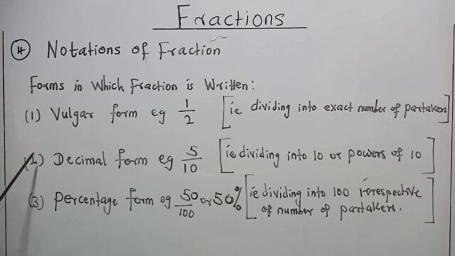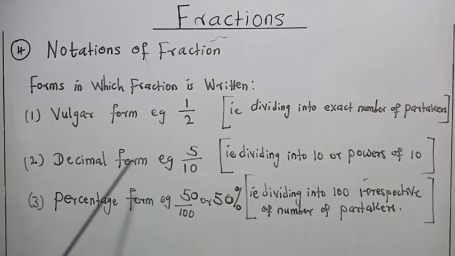The next one is the decimal form of fraction. This prefix deci reminds us of 10. Therefore, decimal means picked out of 10. What does it mean? It means dividing into 10 or powers of 10 and then picking from such portions.